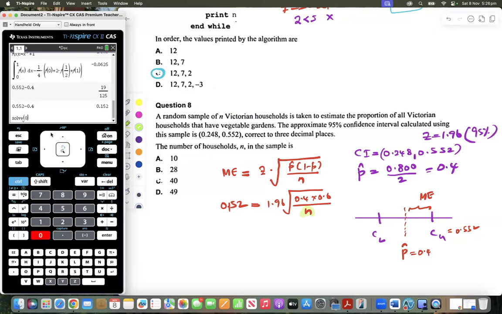So 0.152 is equal to 1.96 times the square root of 0.4 times 0.6, which is 0.24, divided by x. Okay, 39.90, which is approximately 40, correct.